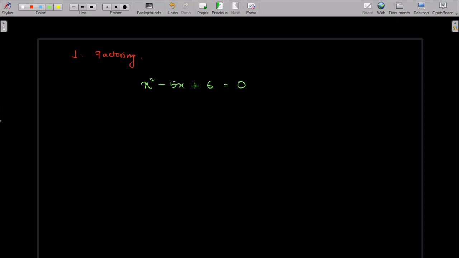First of all, do you know the method of factoring? Okay, so can you tell me the solutions of this equation by using the method of factoring?